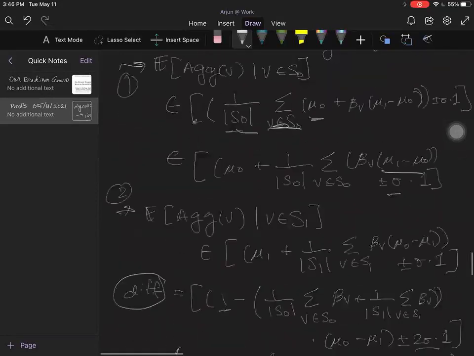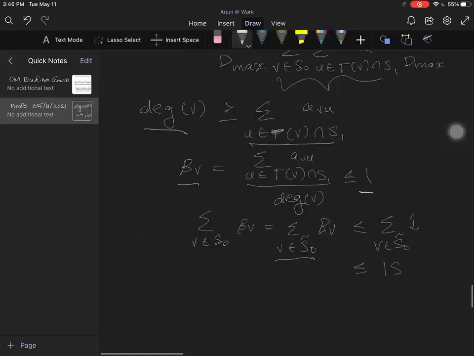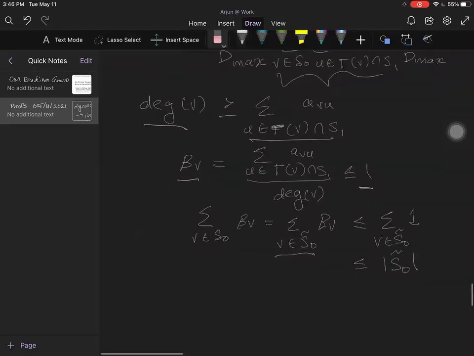We don't even need to consider the links that go to the same sensitive group, because that will all be 0 in the context of beta v. So we only need to look at links going to the opposite sensitive group, which means we only need to consider nodes that are on the border of the two sensitive groups. And this is therefore going to be less than or equal to the sum over all the nodes on the border of 1, because we showed that each beta v is less than or equal to 1, which in turn is equal to the cardinality of all the nodes on the border. Sorry, this should just be equality.